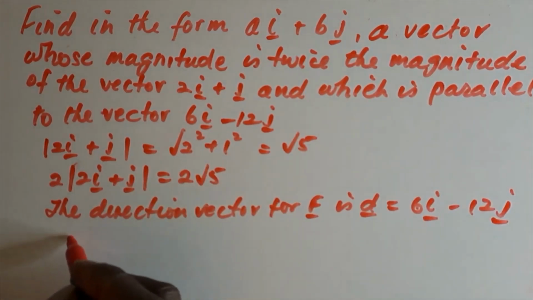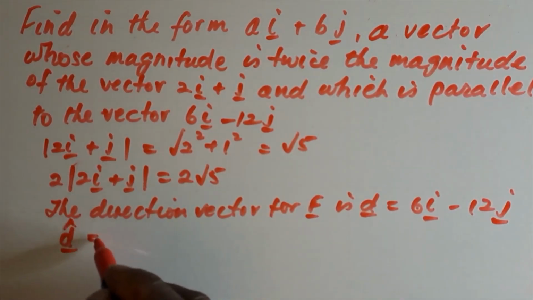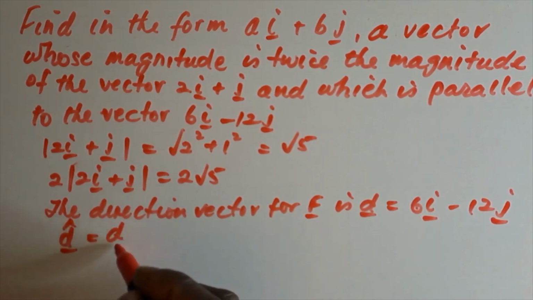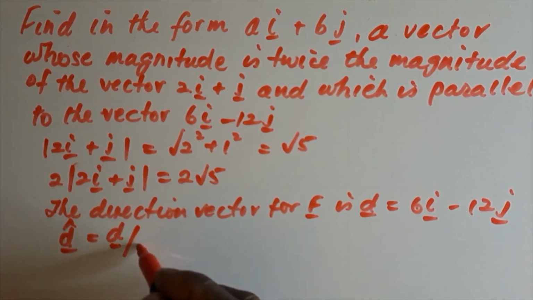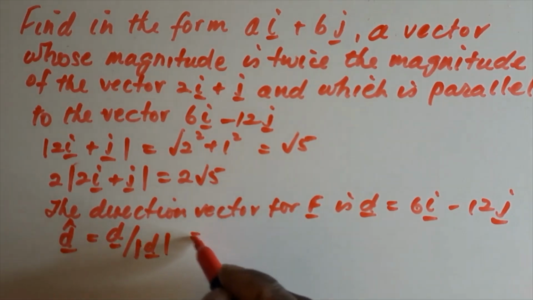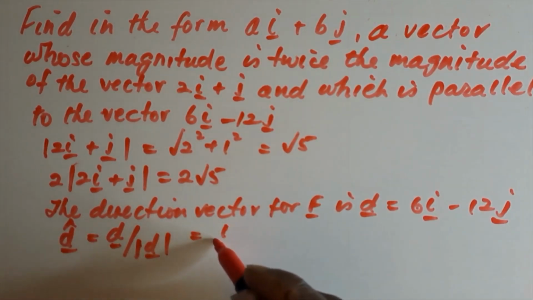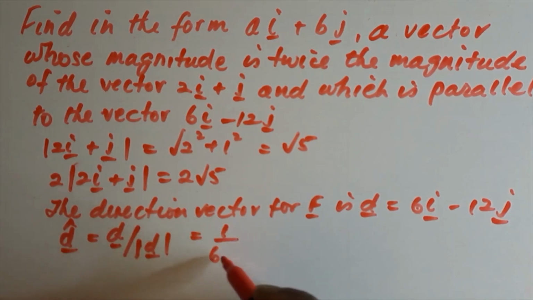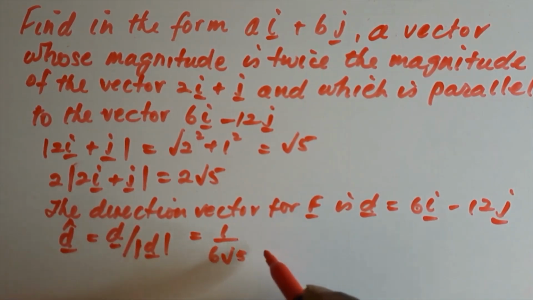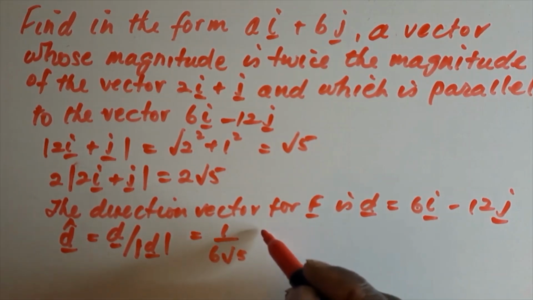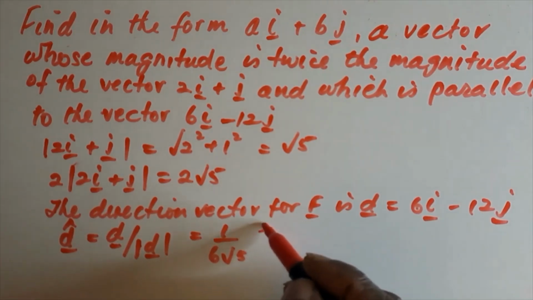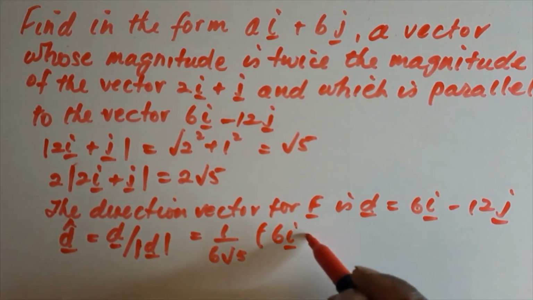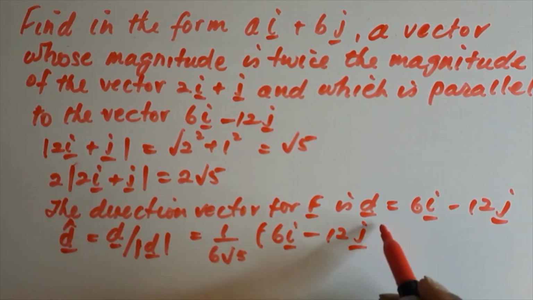So we can find a unit vector in this direction, and that's the vector D divided by the magnitude of D, which is equal to 1 over 6 root 5 brackets 6i minus 12j.